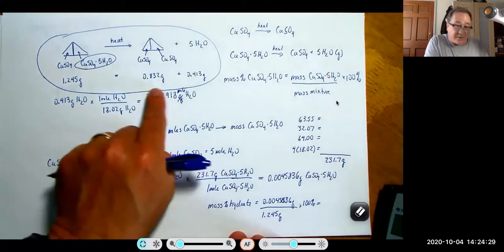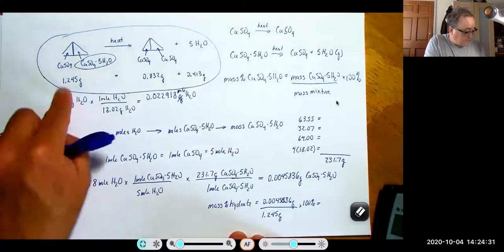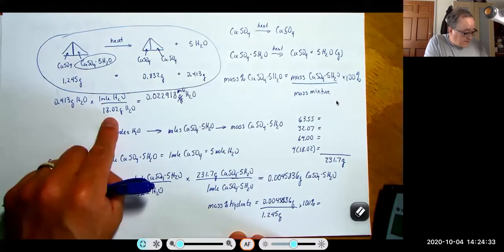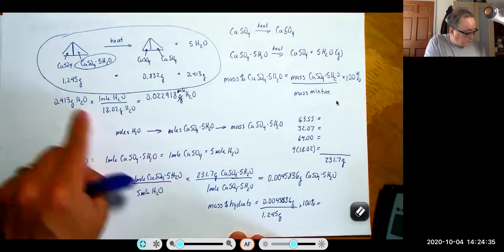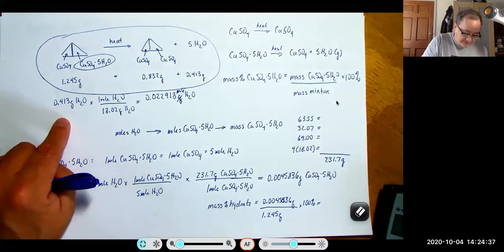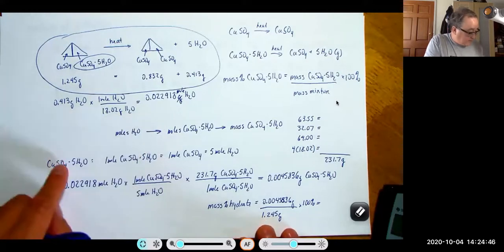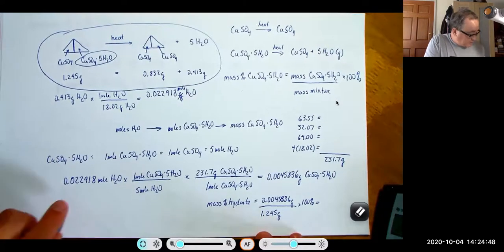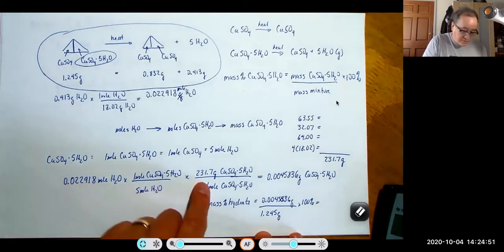That number seems correct, right? Don't those two seem to add up to that? This divided by that seems pretty appropriate. Let me do that one again just to check. Okay, 0.0029. Okay, that checks. And 0.0029 times 231.